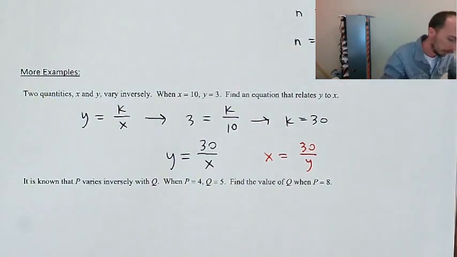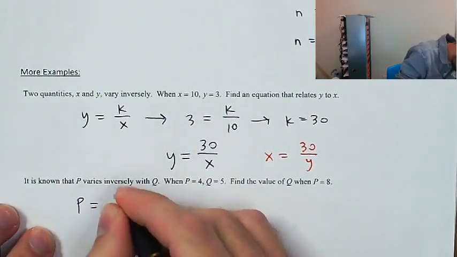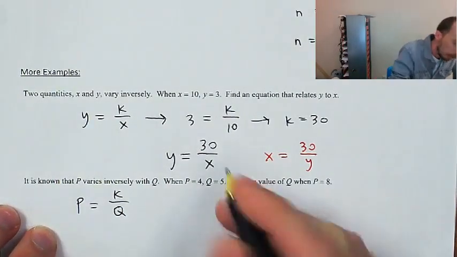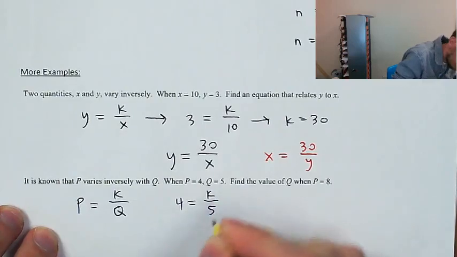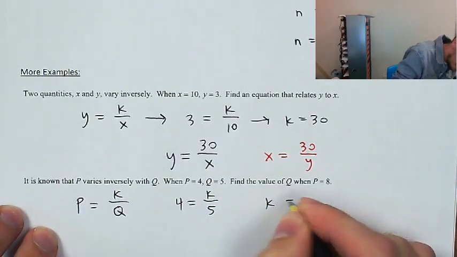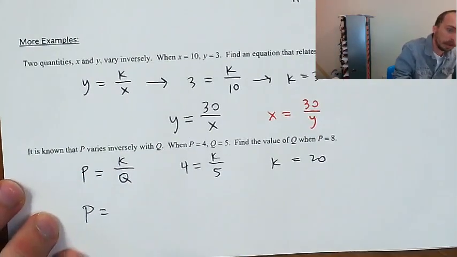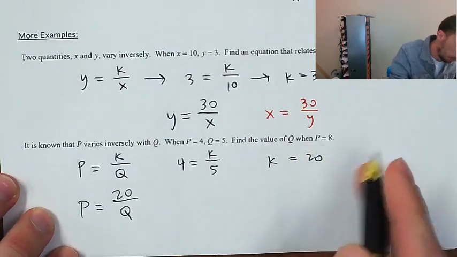All right, now it is known that p varies inversely with q, so p is some number divided by q, or q is some number divided by p, however you like it. When p is 4, q is 5, so 4 equals k divided by 5, multiplied by 5, k equals 20. So my equation is p equaling 20 divided by q. And then find the value of q when p equals 8.